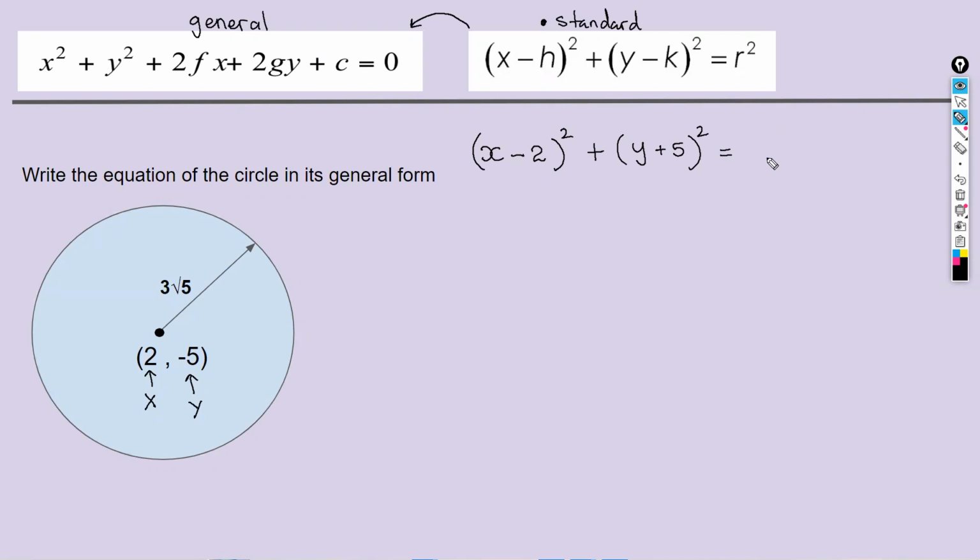Now I'm wondering if you all got tricked in this area. Over here, we're supposed to take the radius and square it. So this here is the radius, so we're supposed to square this entire value. Now, last week, I think I mentioned that whenever a squared comes in contact with a square root, both of them will cancel off.